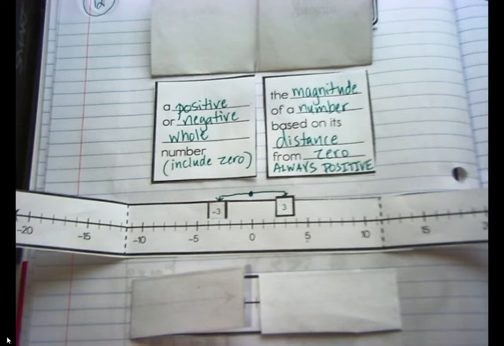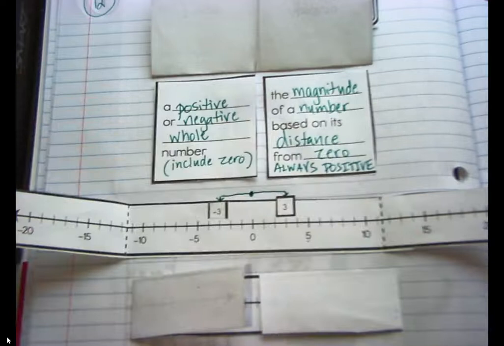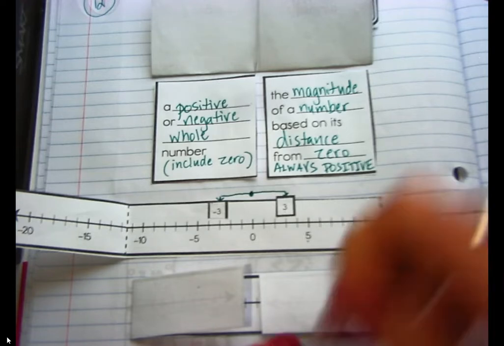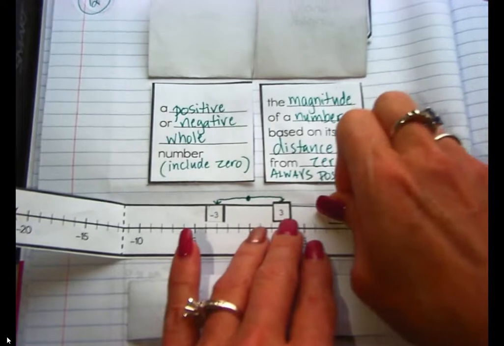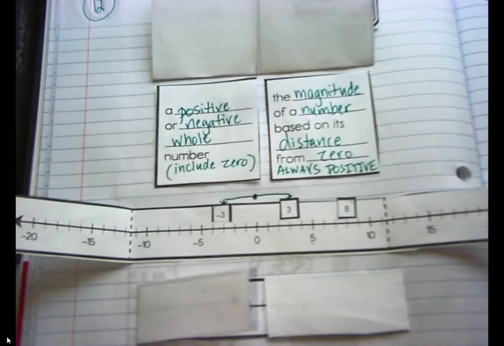And now I'm going to take 8, and I'm going to place 8 on the number line because it has a distance of 8 from 0. And then I'm going to put, what's the opposite of 8? A -8.